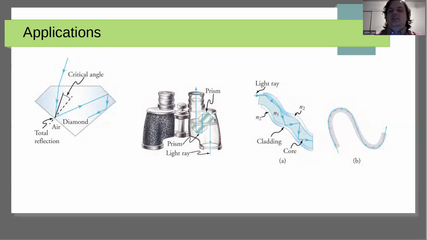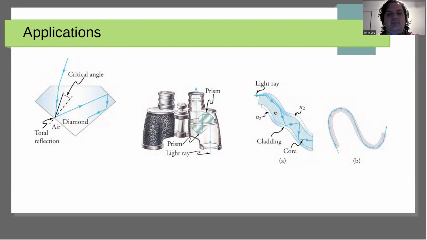And then the last application I want to bring up for this is fiber optics, where you have a material of some refractive index, and you want the light to always be inside of the material, to not just shine through the material and come out the other side. So you want it to almost always be at that critical angle.